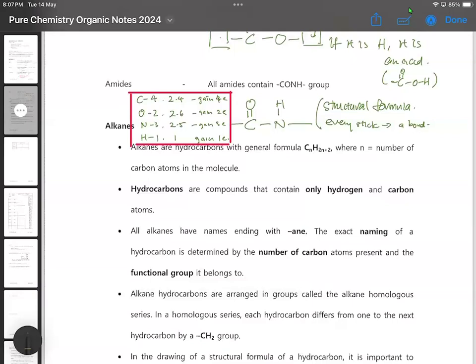Okay, so alkanes here, again, we say that they are hydrocarbons, which means they contain only carbon and hydrogen, and that they have a general formula CnH2n+2, where n represents the number of carbon atoms in the structure. So depending on how many carbon you have, you just substitute. As we mentioned, hydrocarbons contain only hydrogen and carbon atoms, no more.